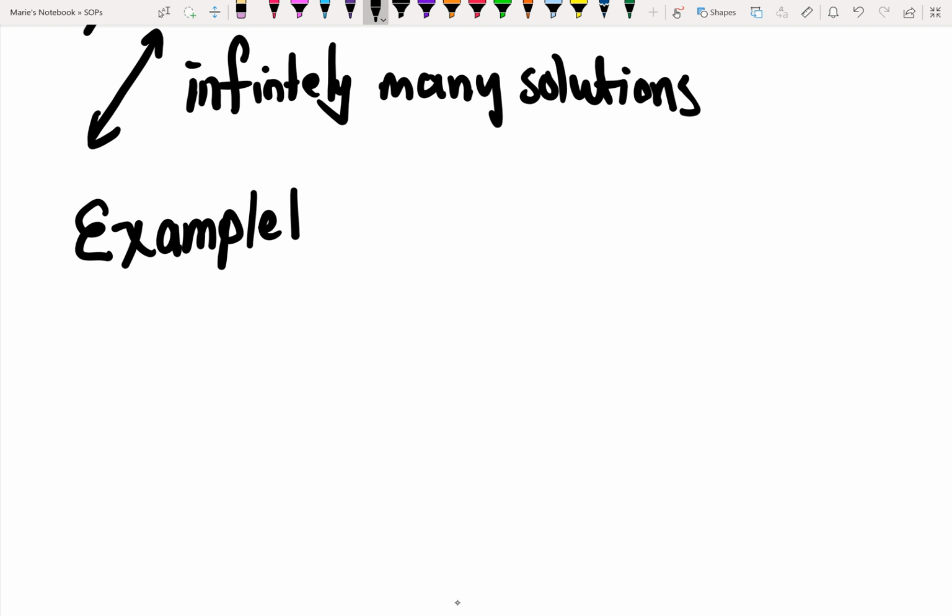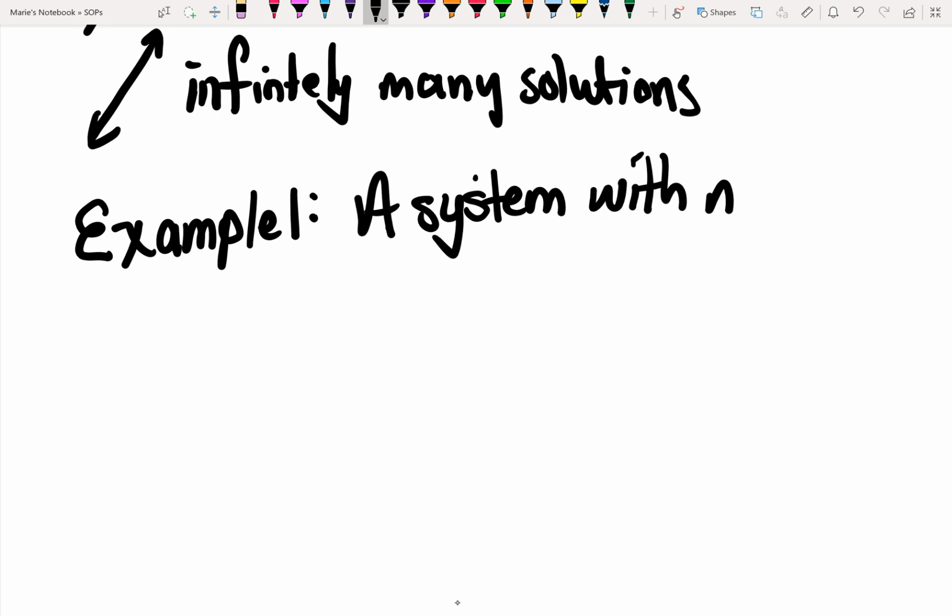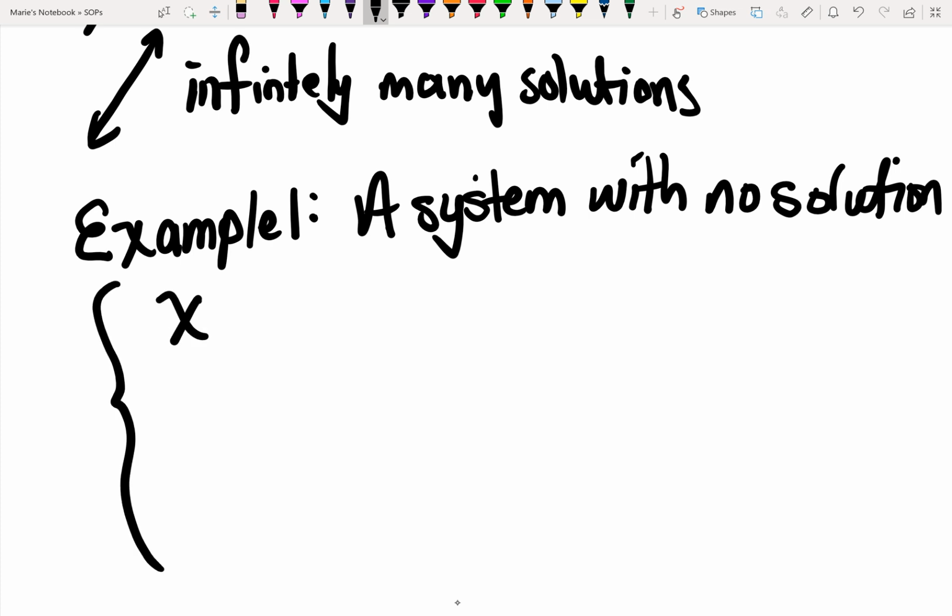In example 1, we have a system with no solution. Those are the parallel lines, if you recall. And so we're going to use Gaussian elimination to solve for the system. And you're going to notice that we are given the following 3 rows.